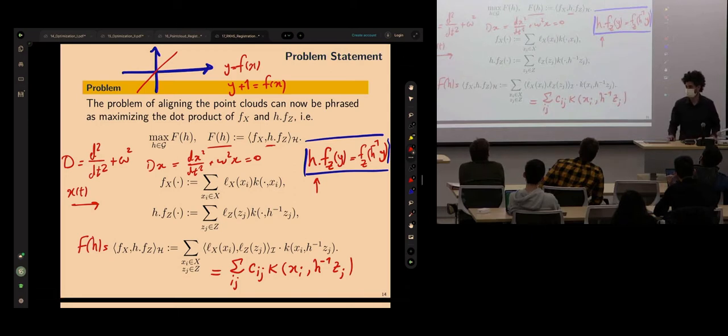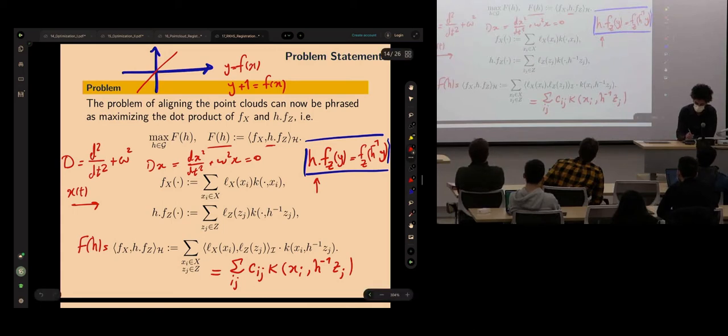I'm just applying a translation as the transformation, which, of course, is just a line, the same as y equals x minus 1.